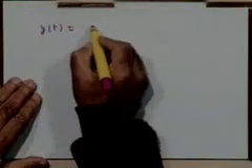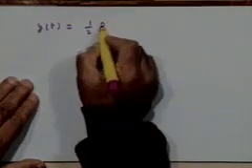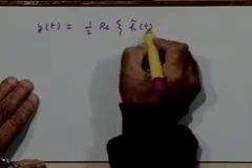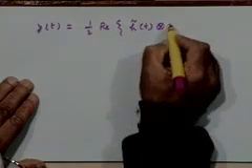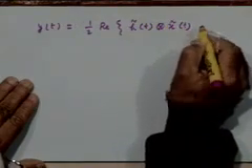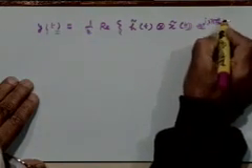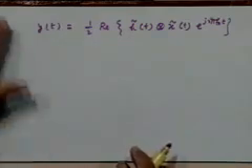so y of t, I can write that as half of the real part of h tilde t convolved with x tilde t, e to the power j2 pi f naught t, right? Do you agree with this?